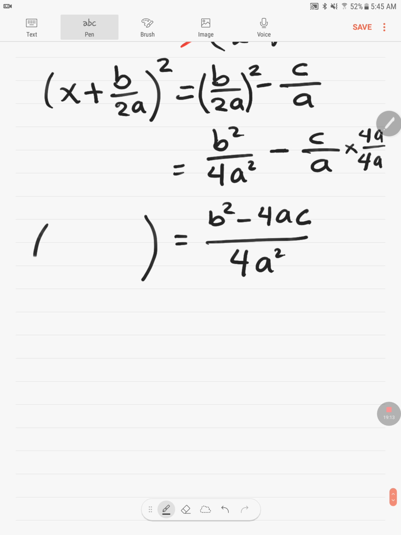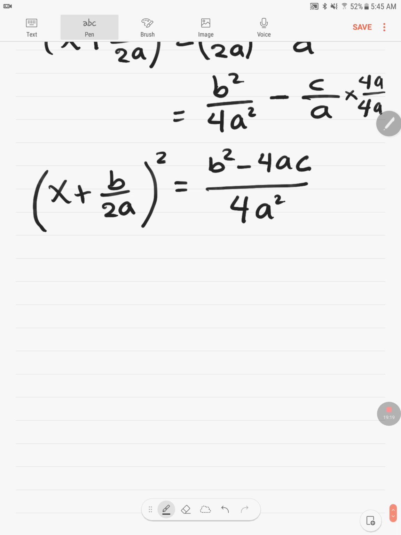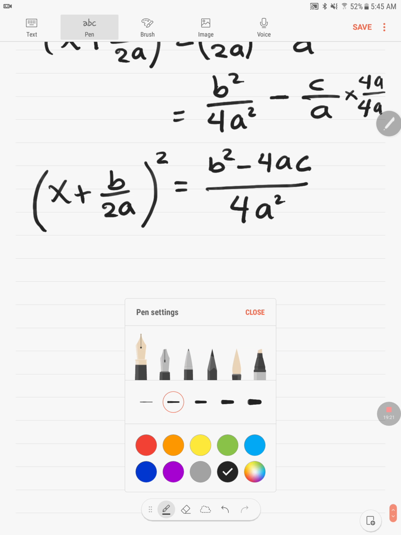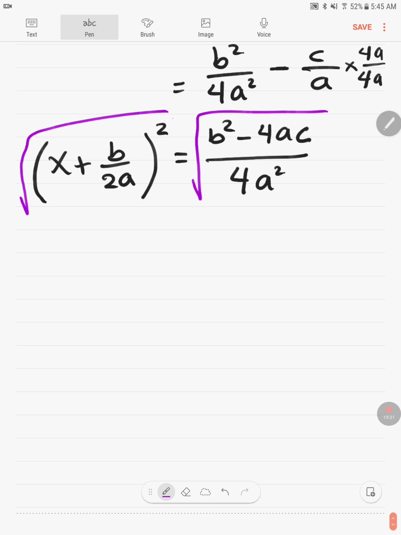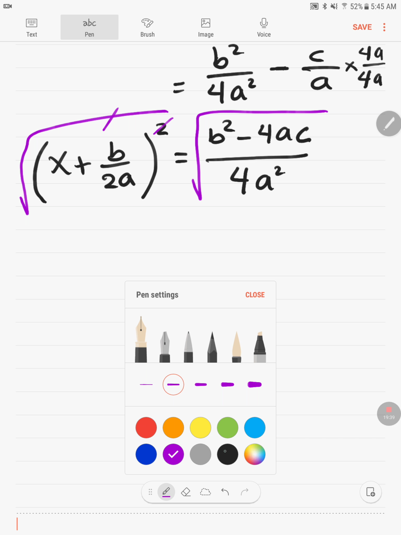Now this is equal to x plus b over 2a all squared. Now we take the square root of both sides. This square root cancels with the square.